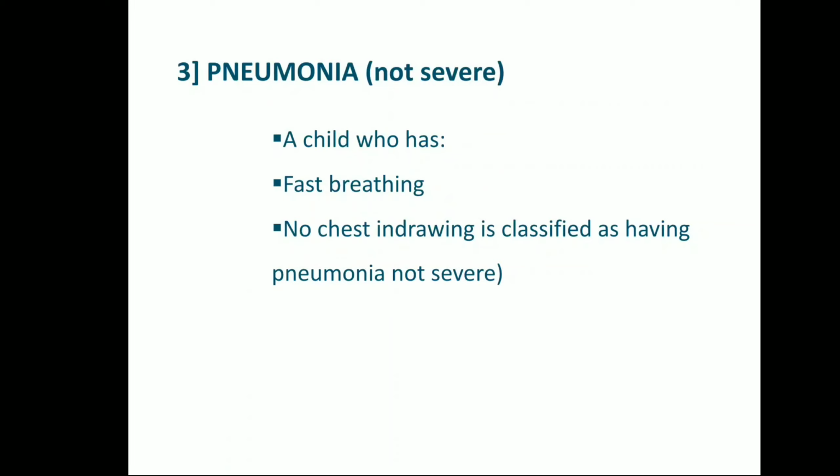Coming to very severe pneumonia, if the child is exhibiting fast breathing with chest indrawing and severe malnutrition, stridor and convulsions, you have to classify the child as very severe disease.